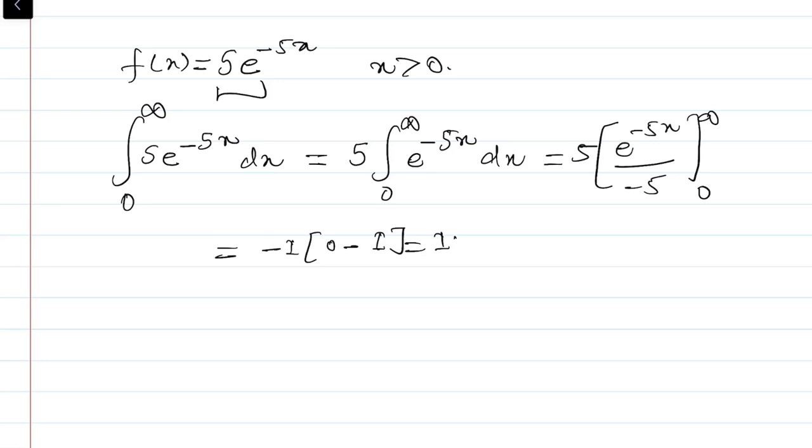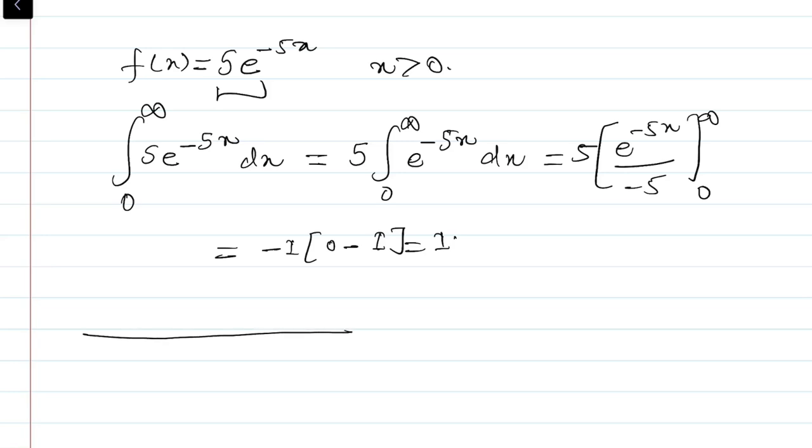Now if you don't know the value of e to the power minus infinity, then it will be really hard for you to integrate this, right? It will be really hard to calculate the value. So let me give you a trick to remember the values of log 0, e to the power minus infinity, and so on.